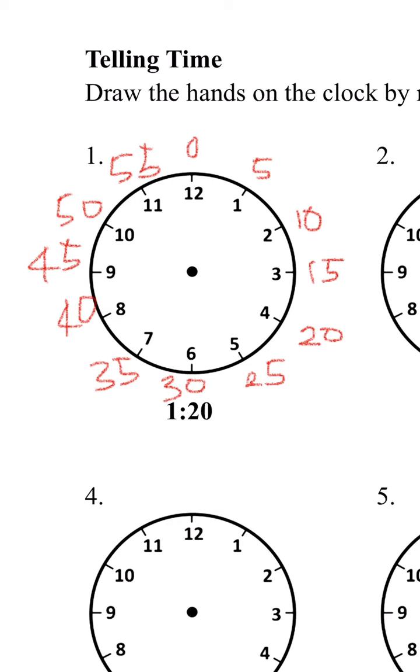So it says 20 over here, which means that the minute hand should point at 4, because 4 represents 20. So the minute hand is a longer hand, so we draw the longer hand pointing at 4.